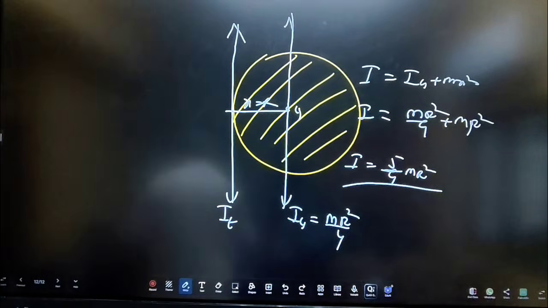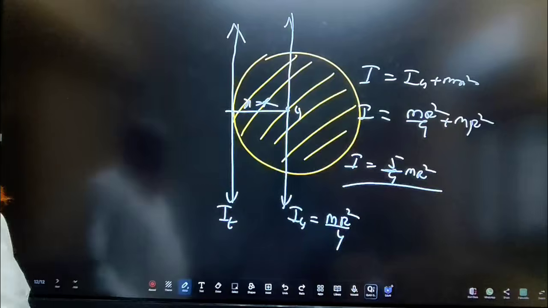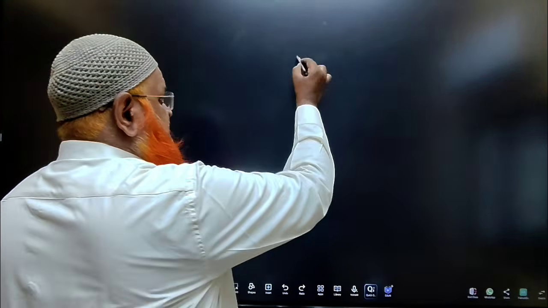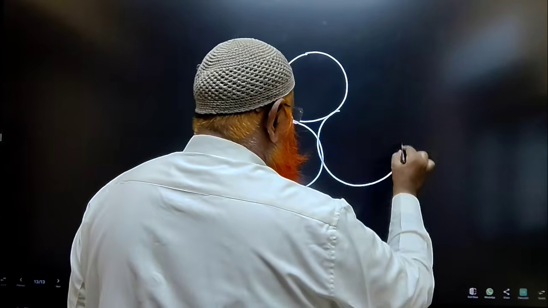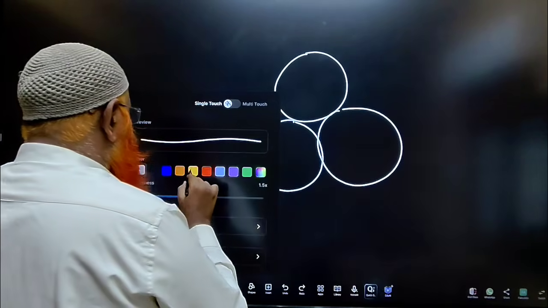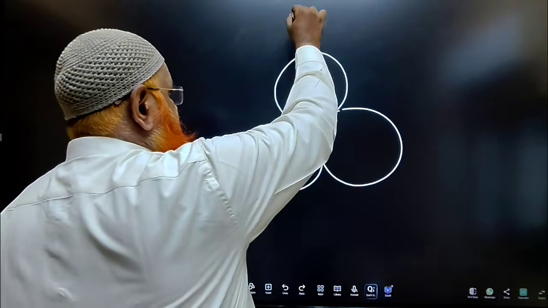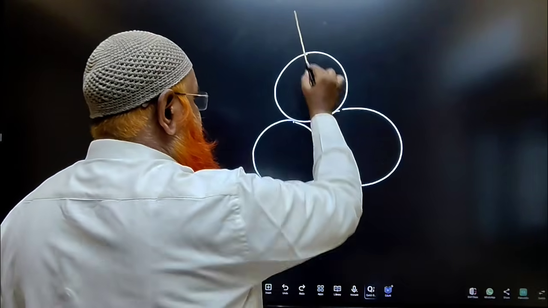Now, let us solve the problems which are coming from previous years. See how easy it is. So you have taken one ring, another ring, 3 rings having the same radius, and an axis passing through the 3 rings.